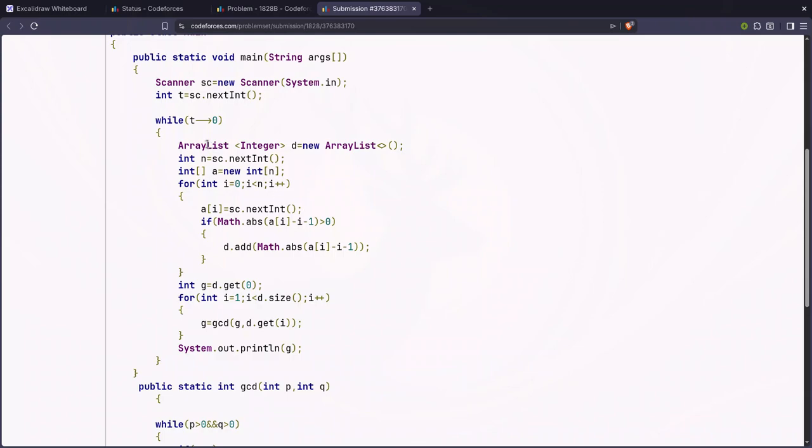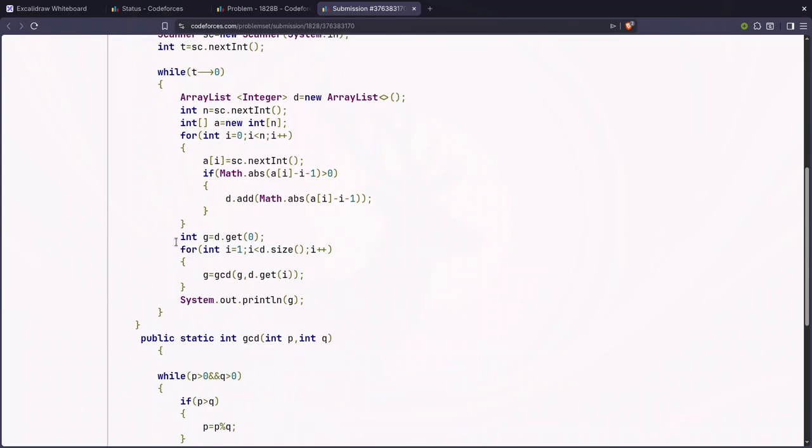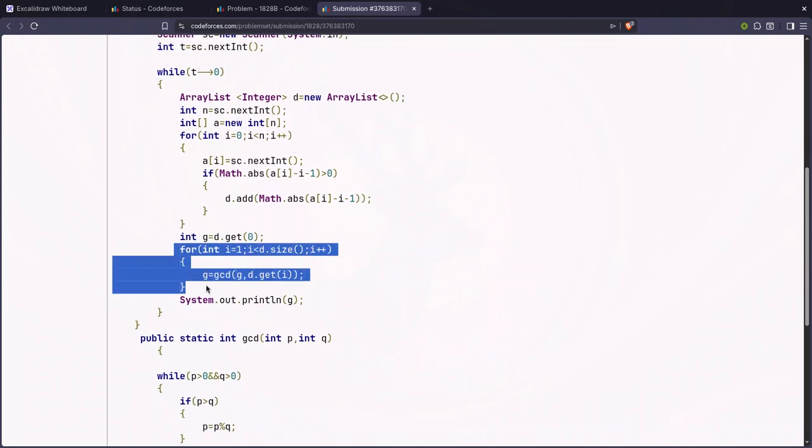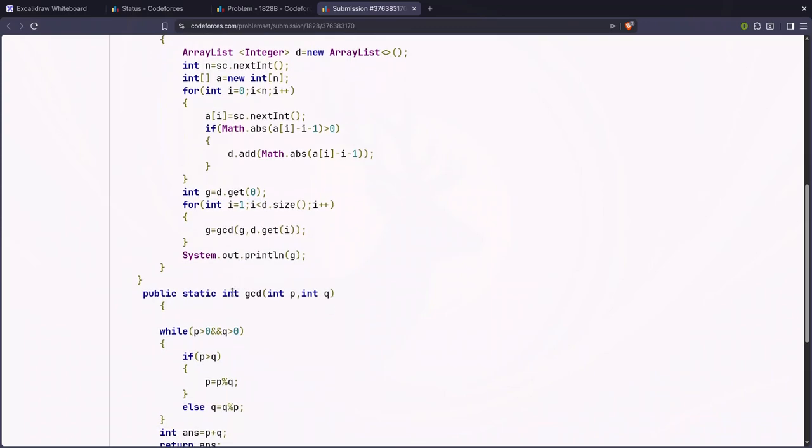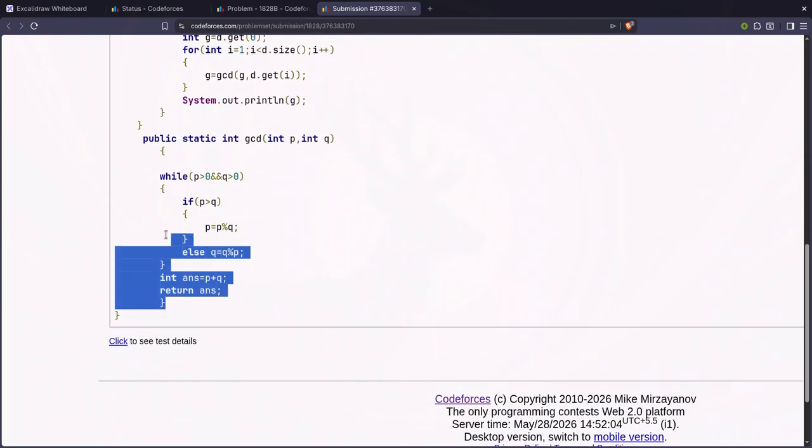So when the distance is positive, I am adding the distance to an ArrayList named D. Okay, and I am finding the GCD of all the elements in the distance ArrayList.